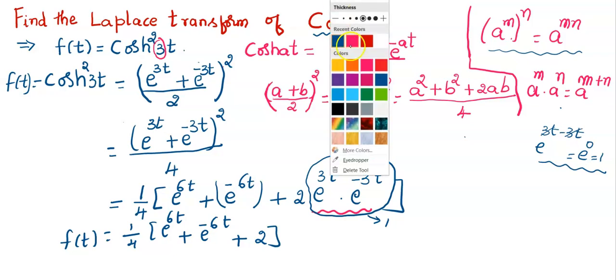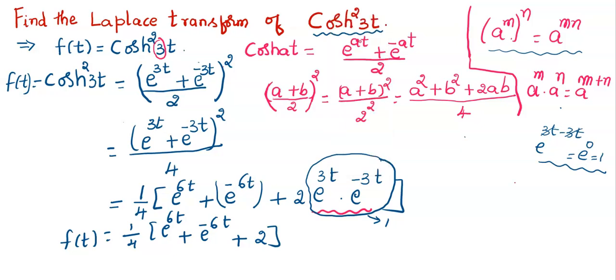We know the Laplace transform property that Laplace transform of f of t plus g of t, here we have taken only two functions, will be, by this linear property, Laplace of f of t plus Laplace of g of t.